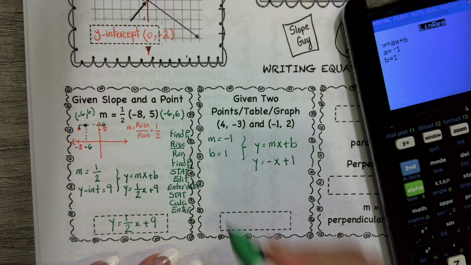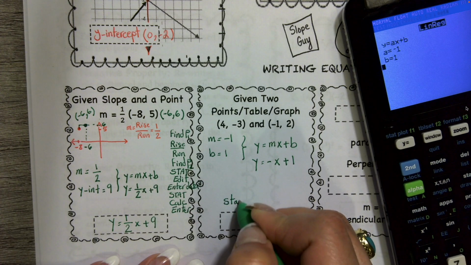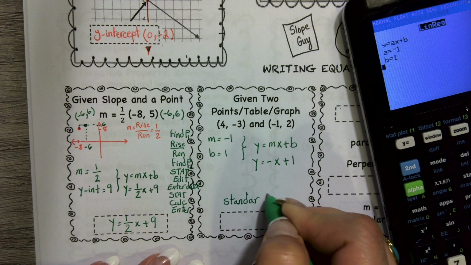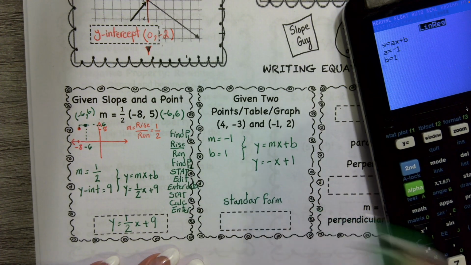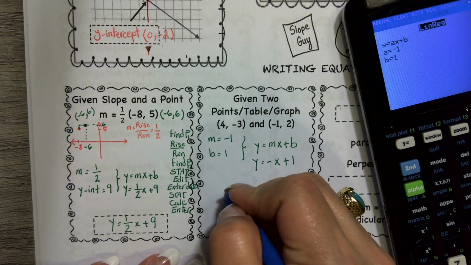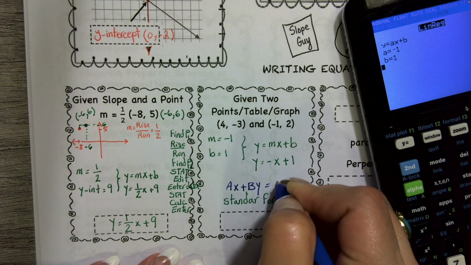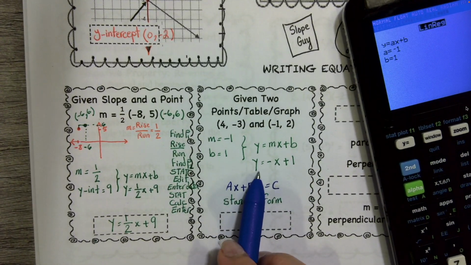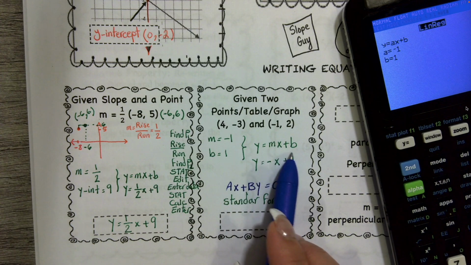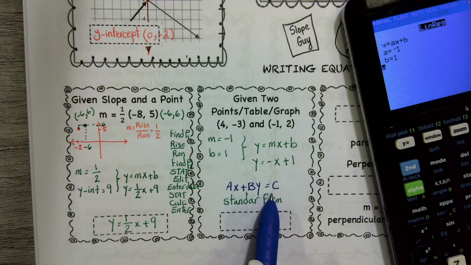If they ask for standard form, standard form is ax plus by equals c. So you have it in the form y equals mx plus b, and you want to enter it into this form.